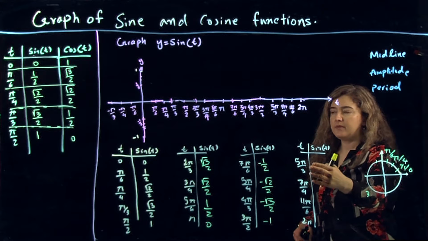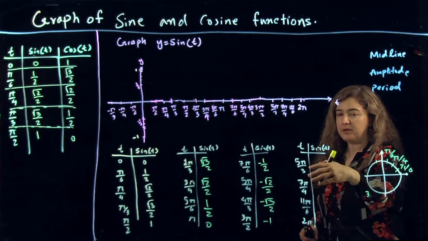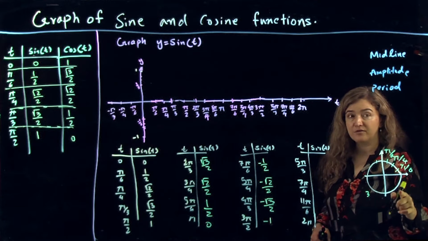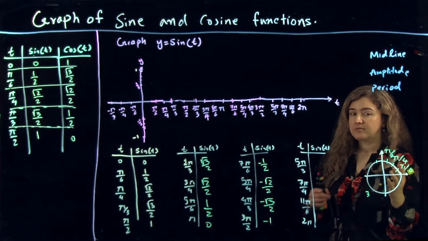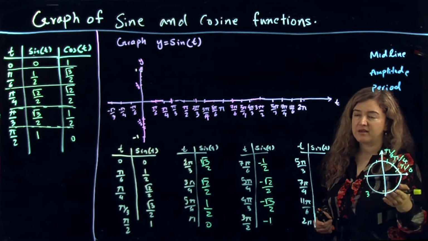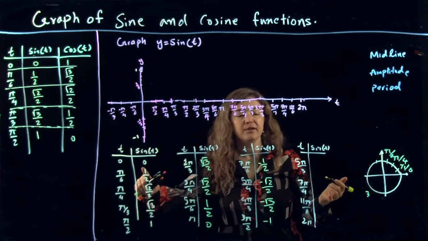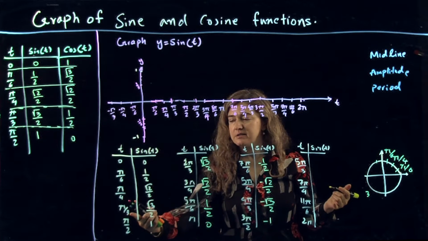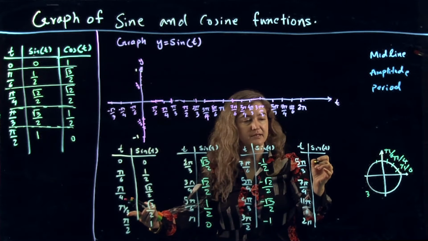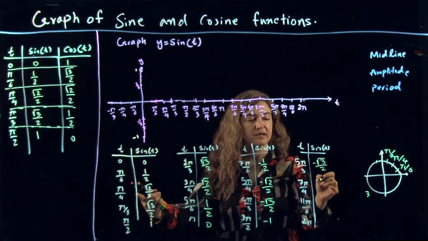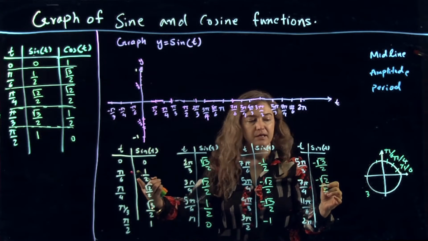Over here, this part is all in quadrant 4, and in quadrant 4 again, y is negative, so all the values are going to be negative. Denominator 3 in the reference gives negative square root of 3 over 2. Denominator 4 is negative square root of 2 over 2.